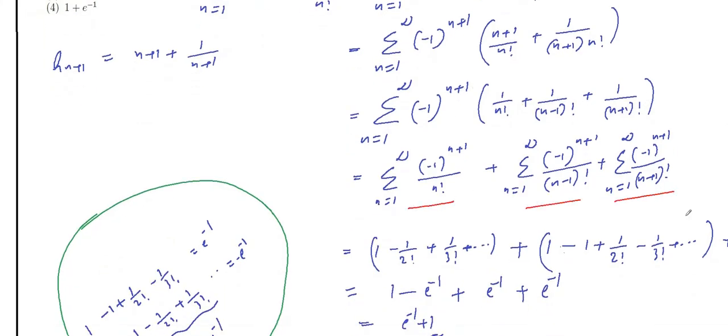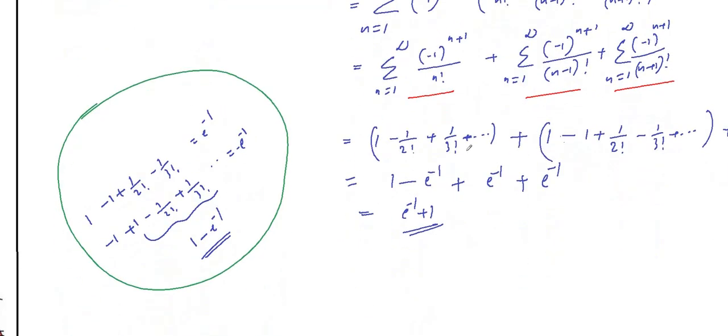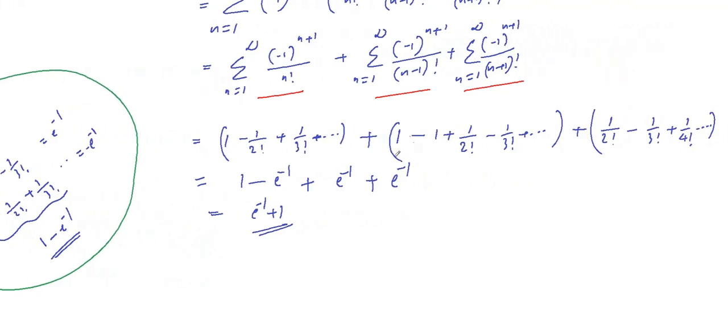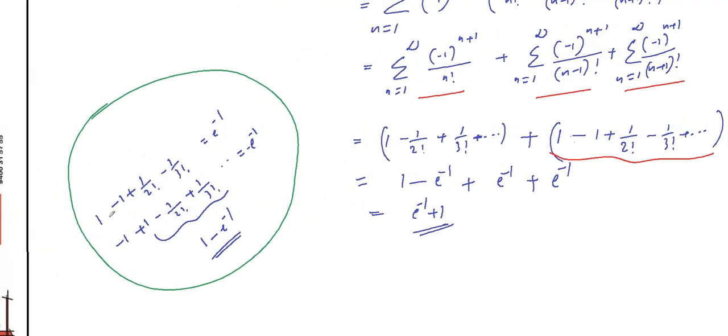So you'll get three different series. Expand that, and you can see the first one, let it be there. The second one is the formula of e to the power minus 1. The third one is again e to the power minus 1, because this is the sequence 1 minus 1 by 1 factorial plus 1 by 2 factorial, etc. This is e to the power minus 1. If you multiply that with a negative, you will get minus e to the power minus 1.